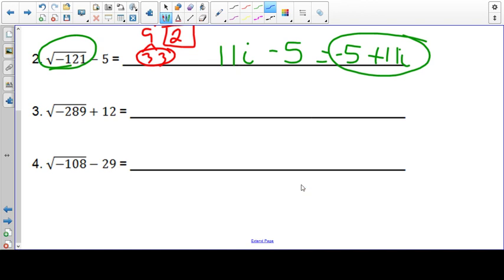So I'm trying to come up with numbers that go into my 289 here. I don't have my answer key on me today while I'm making this video.